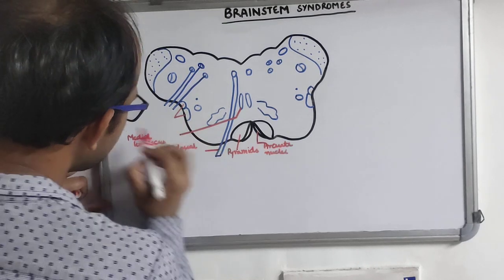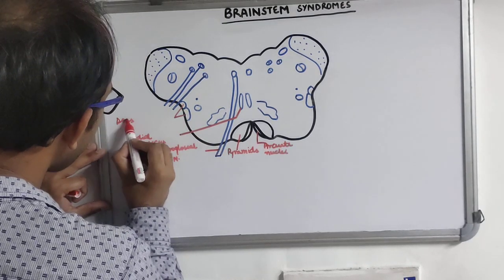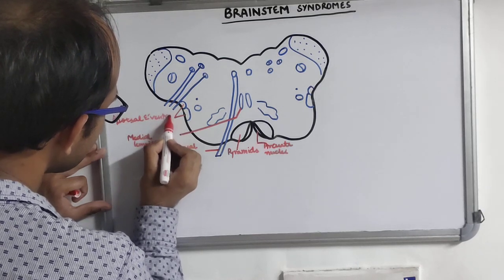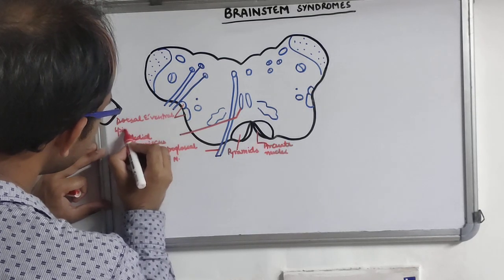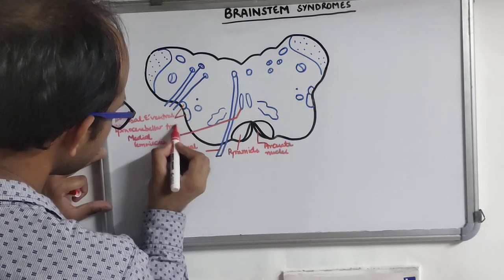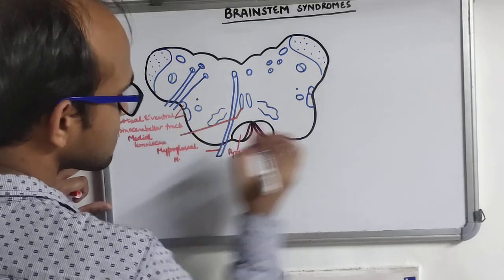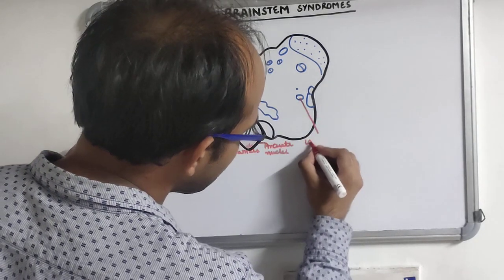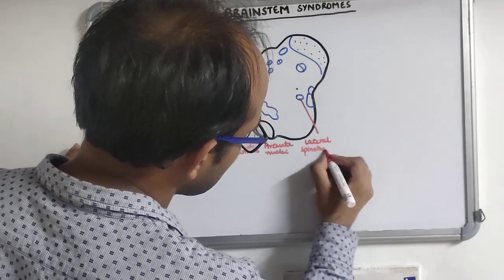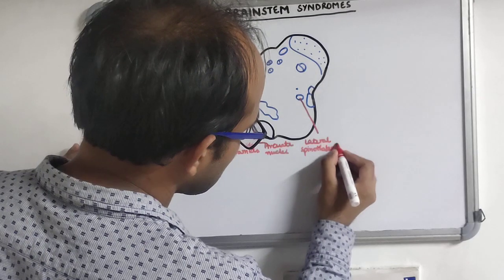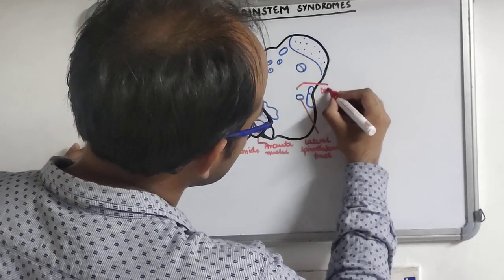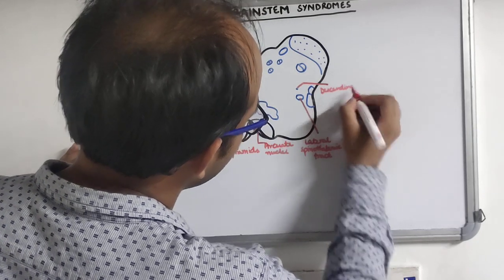These are the dorsal and ventral spinocerebellar tracts. This is the lateral spinothalamic tract. These are descending hypothalamic fibers.